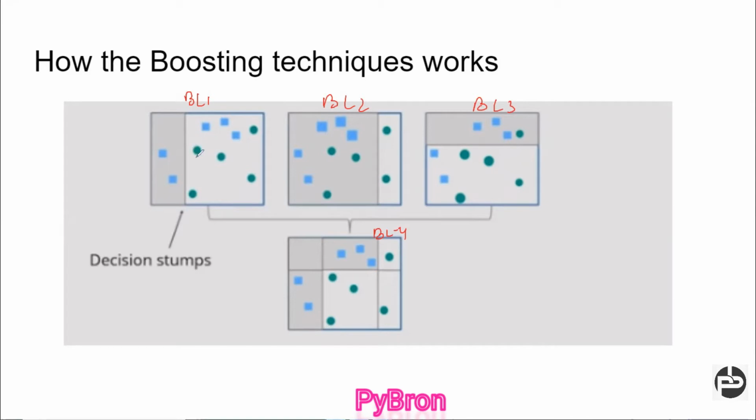If I want to classify these two shapes, the round circle and the square, with the help of a decision tree classifier or any kind of classification algorithm, my first base learner is able to classify two square shapes correctly.